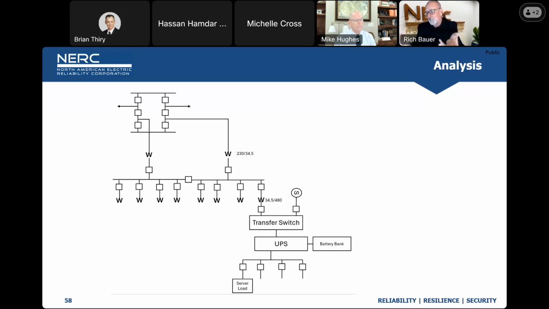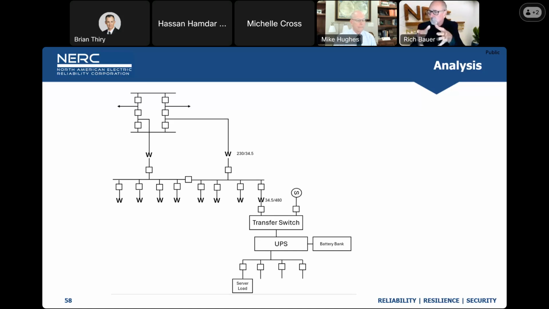My mental model of how that load would react is that during that very short period of time that the voltage is very low, I would expect the UPS would kick in and serve the server load. So I would see on the electrical grid side a very short duration of a reduction in power, or load consumption.